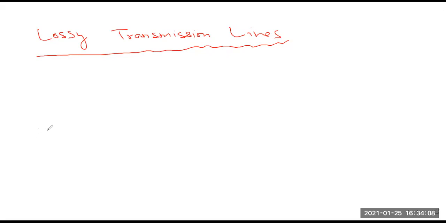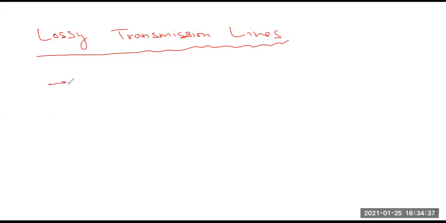Because if someone designs a very lossy transmission line, maybe not many people will be interested in buying such transmission lines. Okay, so even though losses will be there in practical transmission lines, those losses will be low. As a result, we will only talk about low loss transmission lines.